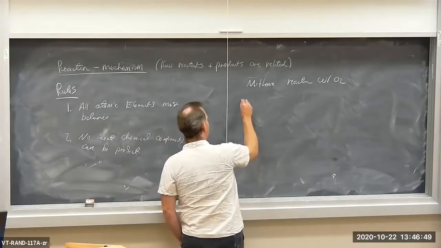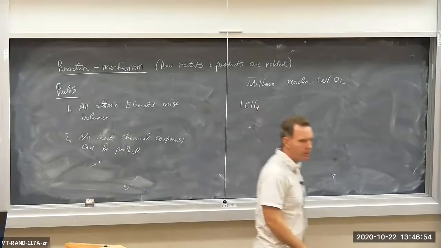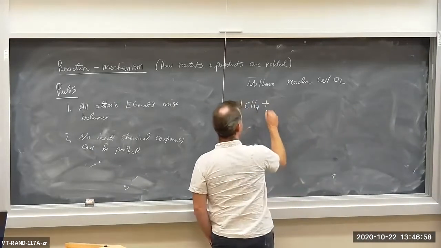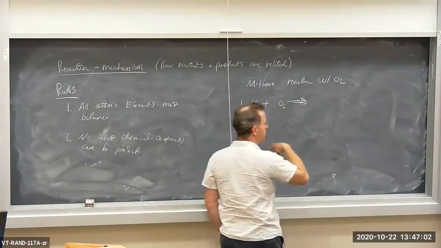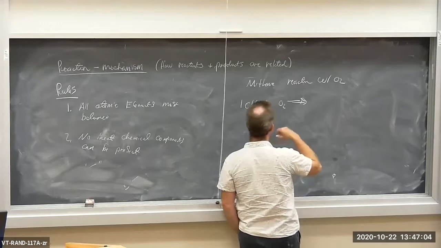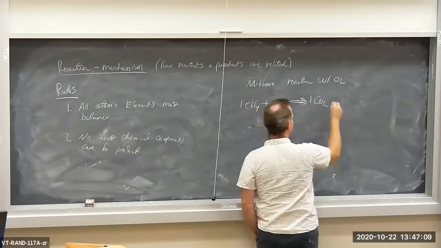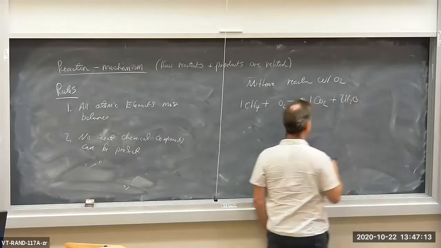So we have 1 mole of CH4, that's methane, plus some amount of O2, we'll figure it out in just a moment here, we can probably eyeball this one, produces a mole of CO2 plus 2 moles of H2O.